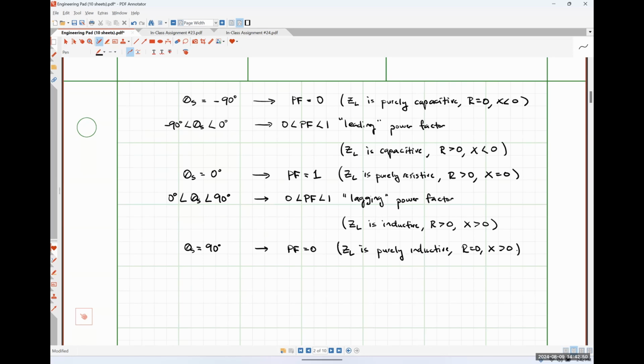It tells us whether or not our voltage and currents are in phase or out of phase, and what type of load we have, whether it's purely resistive, purely capacitive, purely inductive, or a combination of resistance and inductance, or a combination of resistance and capacitance. So knowing the power factor of a system or a device tells a power engineer an awful lot of information about that particular device.